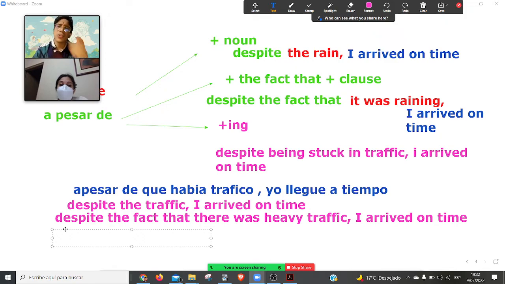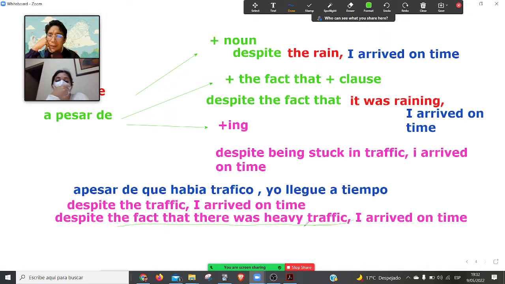¿Podré usar un ing? ¿Qué opinas? No, I don't know. No se puede. ¿Por qué? Porque aquí, ¿de qué te estoy hablando? ¿Cuál es mi sujeto? What is the subject here?